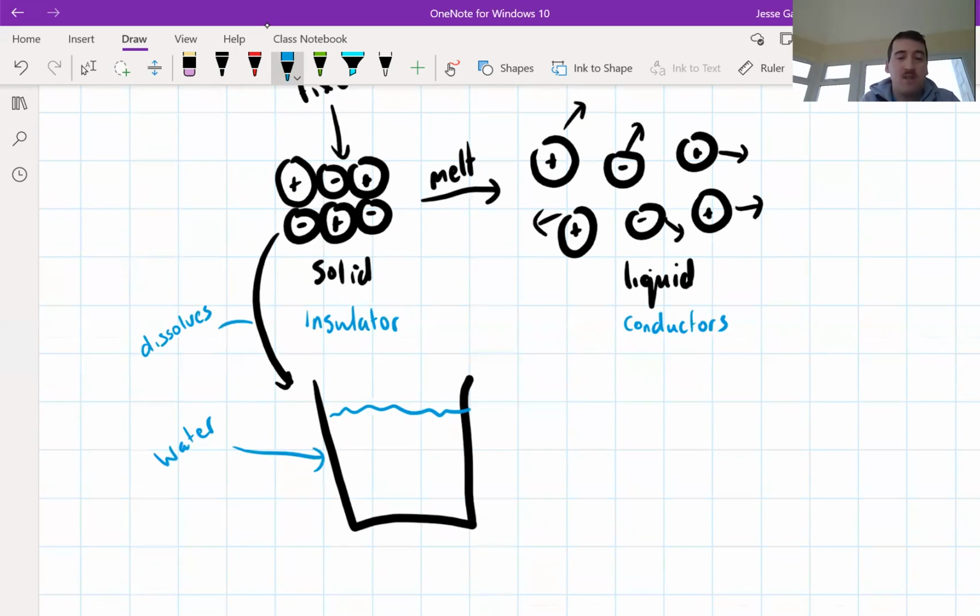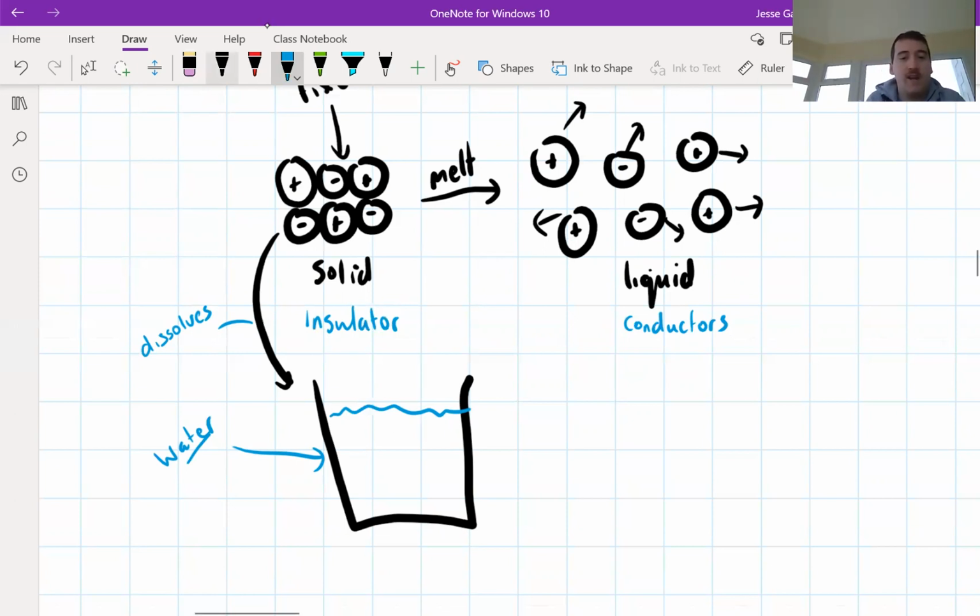And what happens in dissolving, just to keep it really simple, is that the water molecules in the water are able to pull apart the ions. So it's kind of similar to the process of melting, but it's definitely not the same. We don't want to say a solid melts when we put it in water. It dissolves. What dissolving is, is the water molecules start to pull apart the ions.